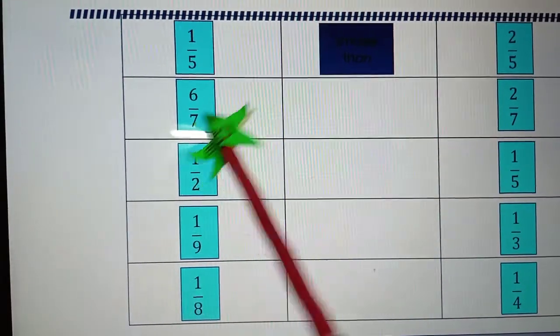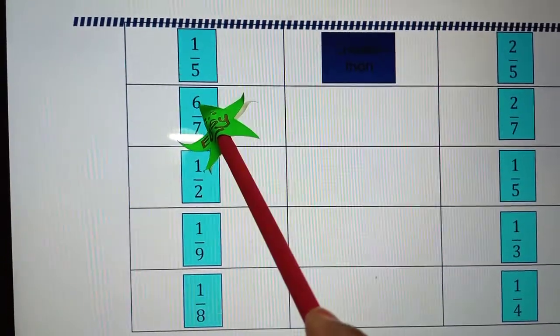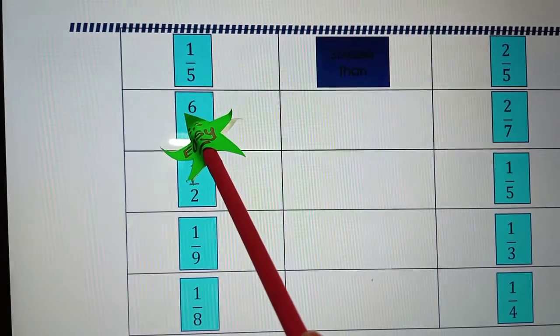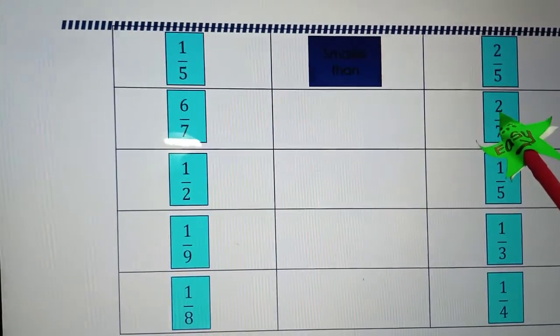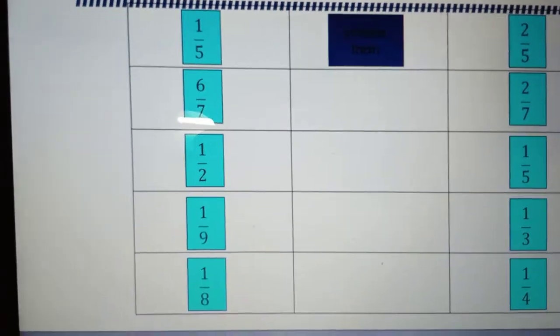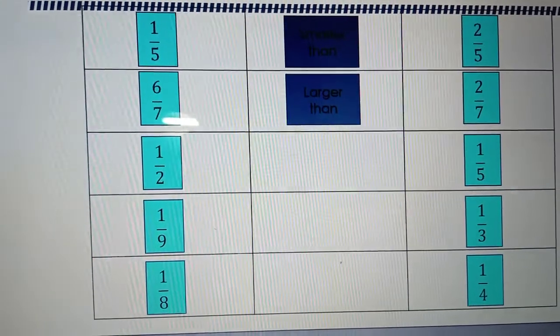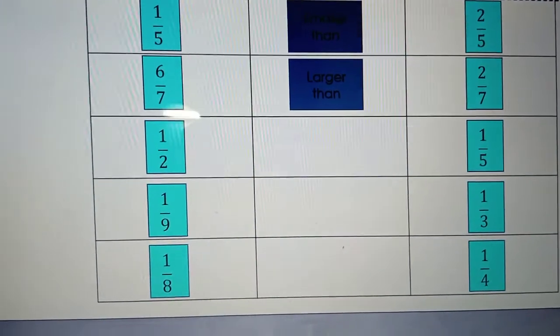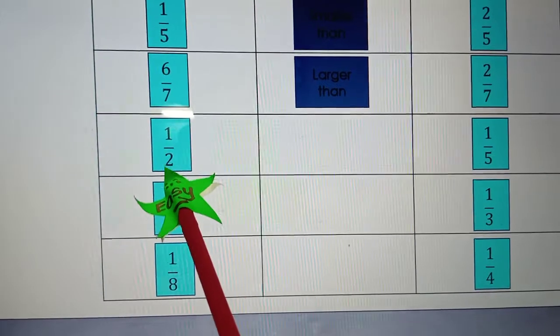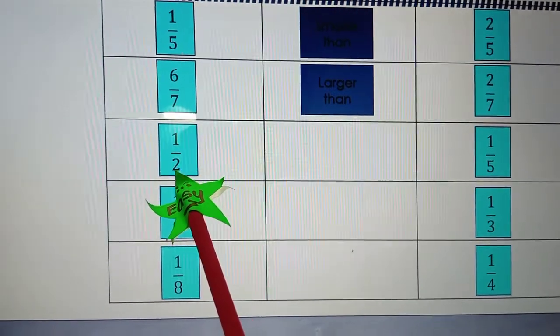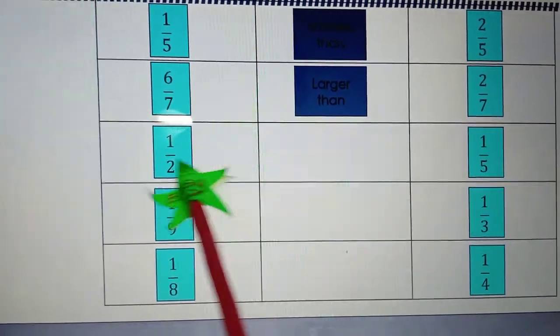Okay, see, the denominator is the same, but the numerator, this one is a big number, this one is a small number. So 6/7 is larger than 2/7.